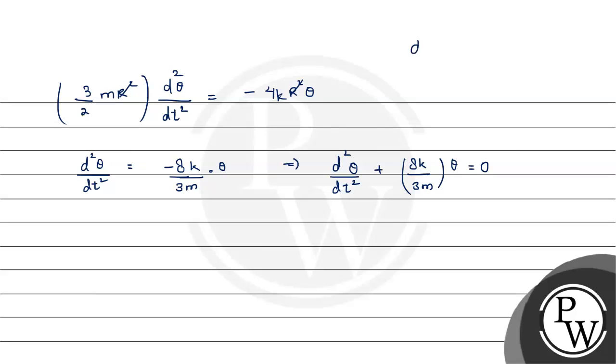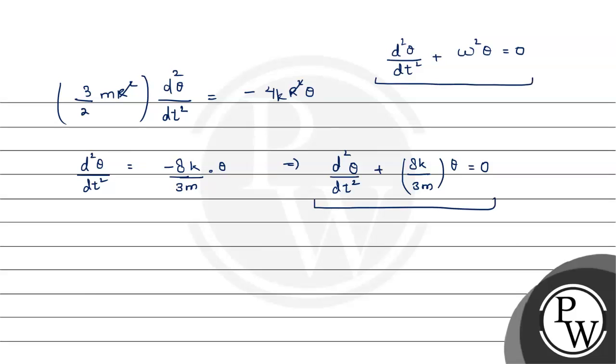It is similar to the equation d2 theta upon dt2 plus omega square theta is equal to 0. So by comparing both of these equations, we get the value of omega. So omega comes out to be equal to root of 8k by 3m. So we have omega. Now we have the formula for time period. Time period is equal to 2 pi by omega.